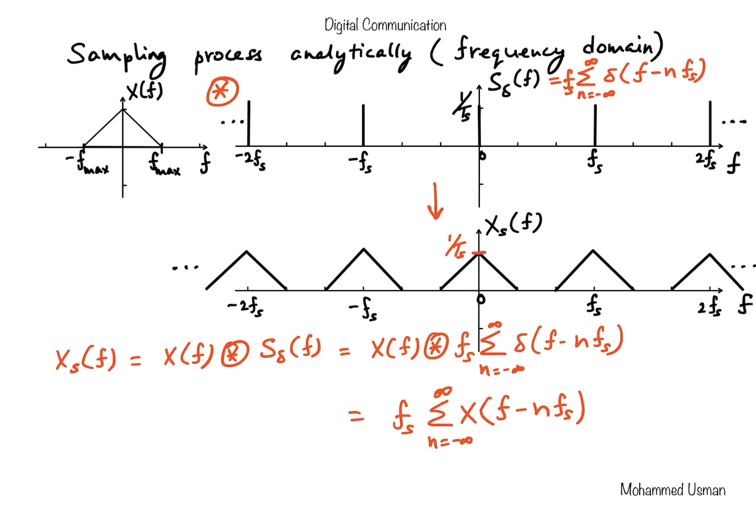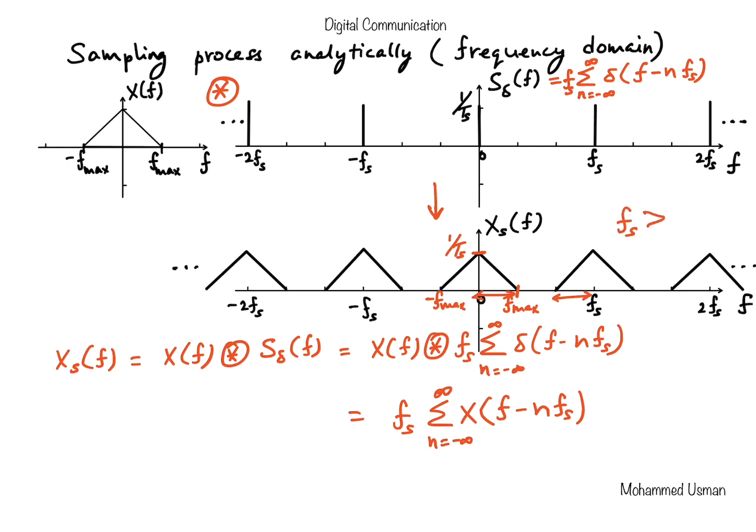Now again, what I have depicted here corresponds to the case where the sampling rate fs is greater than 2 f max. So this part here is f max, and that is minus f max. That distance is also f max. So here fs is greater than 2 f max.